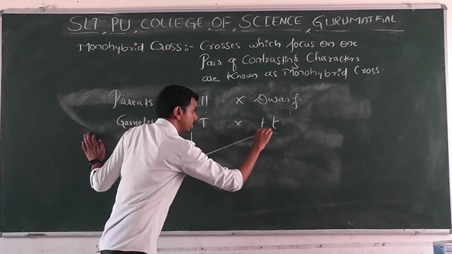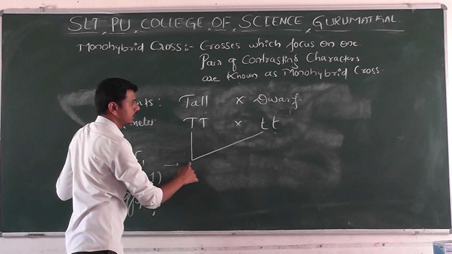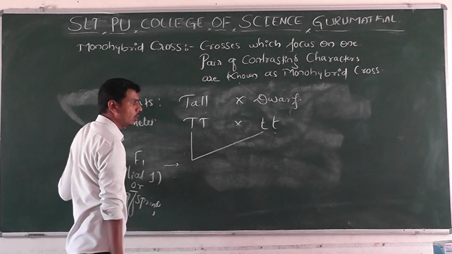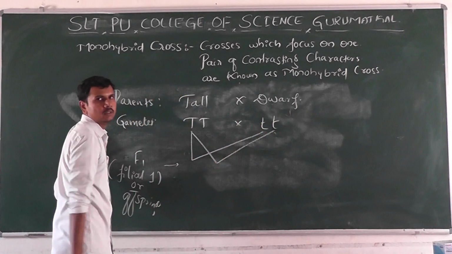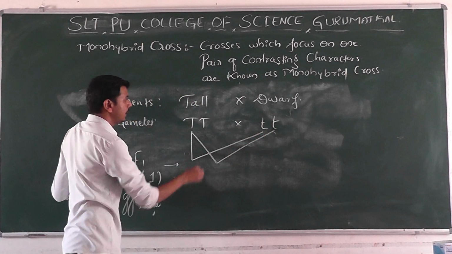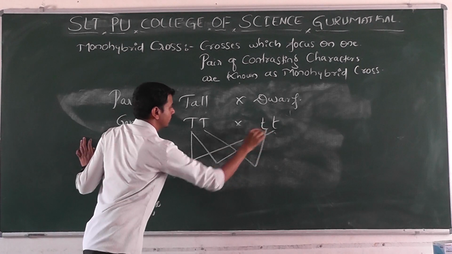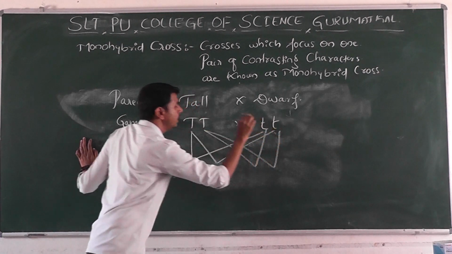The first capital T with the first small t, then the first capital T with the second small t. Same in the case of the second one here.